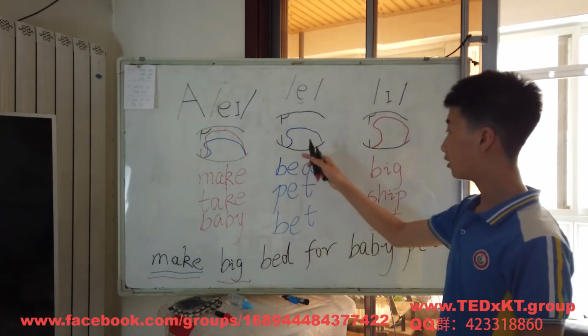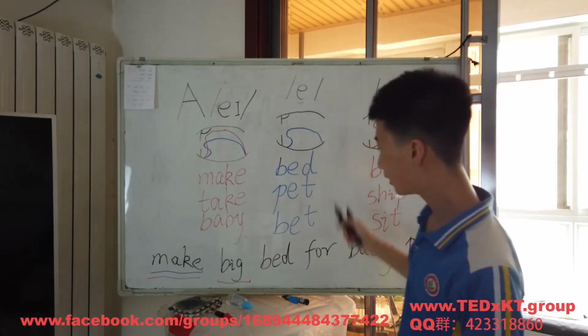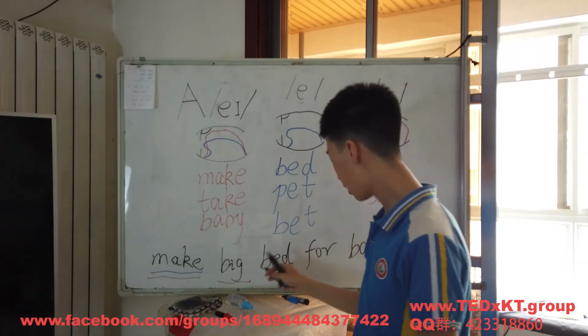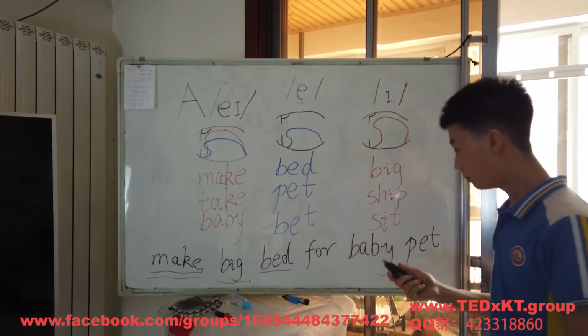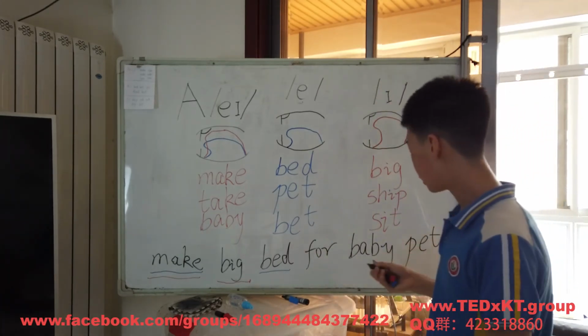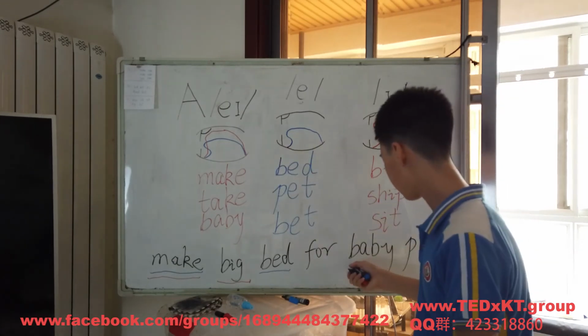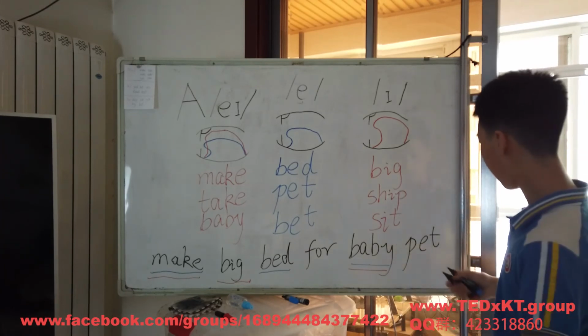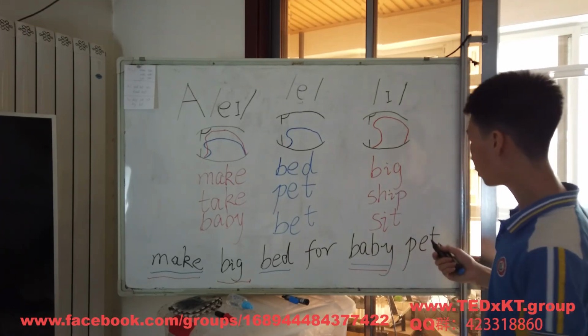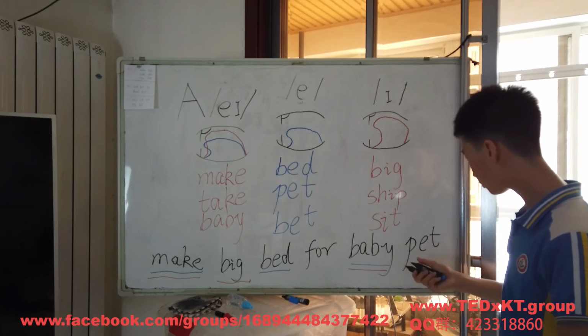Bed, you pronounce it with the eh, so I will mark it with a blue pen. For doesn't belong to any of them. Baby, at the same time, uses the diphthong. So something like this. You mark it now that you know which one to use.